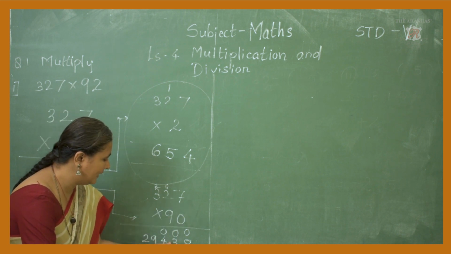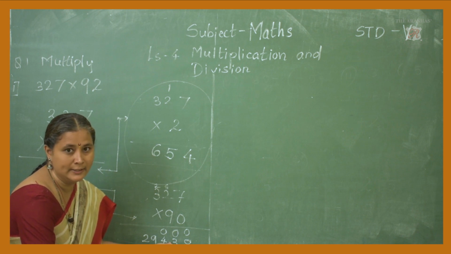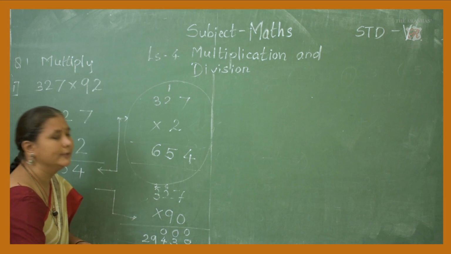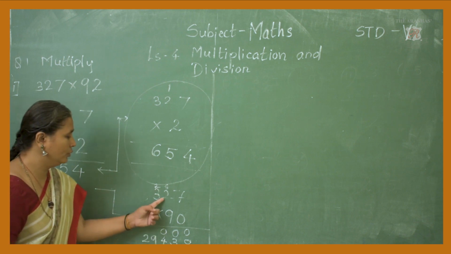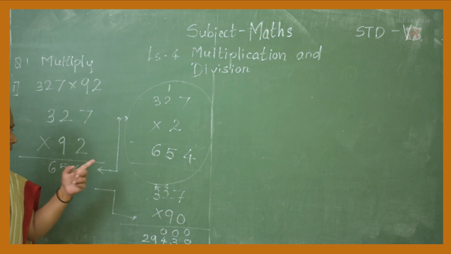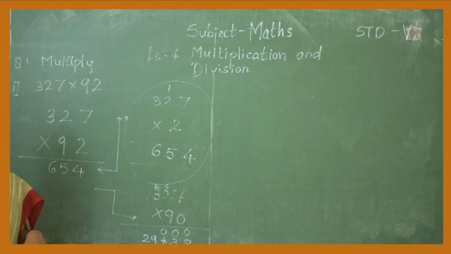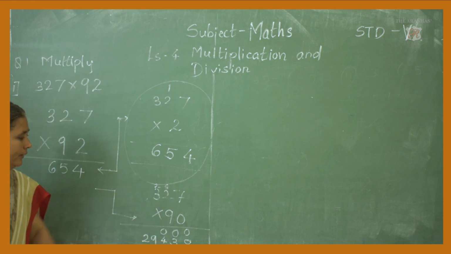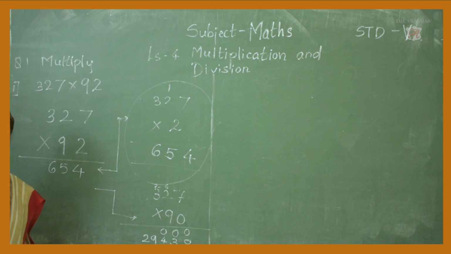So 9 sevens are 63, 3 for the answer, 6 for the carry. 9 twos are 18, 18 plus 6 is 24. 4 for the answer, 2 for the carry. 9 threes are 27, 27 plus 2 is 29.